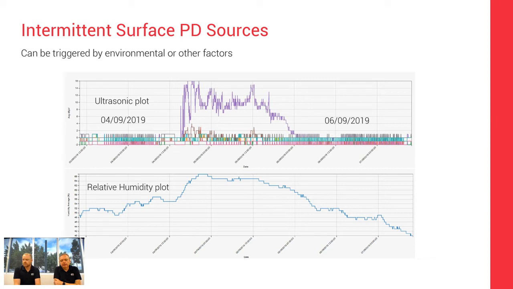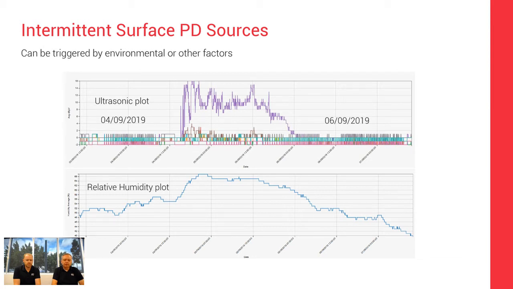We go in there on the 5th of September, and during the 5th, the humidity has gone up above 60%, towards 70% RH, and the discharges started. By the time it starts falling by the 6th of September, again, we've missed that. So these environmental conditions can trigger discharge activity.